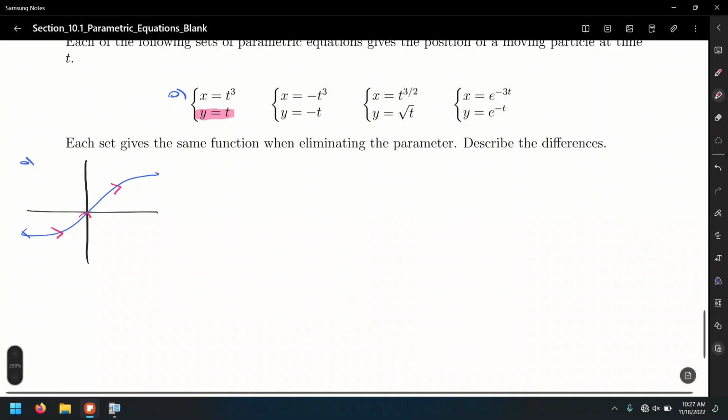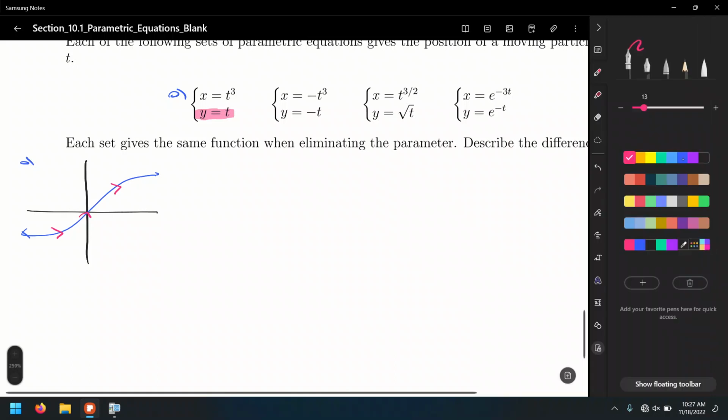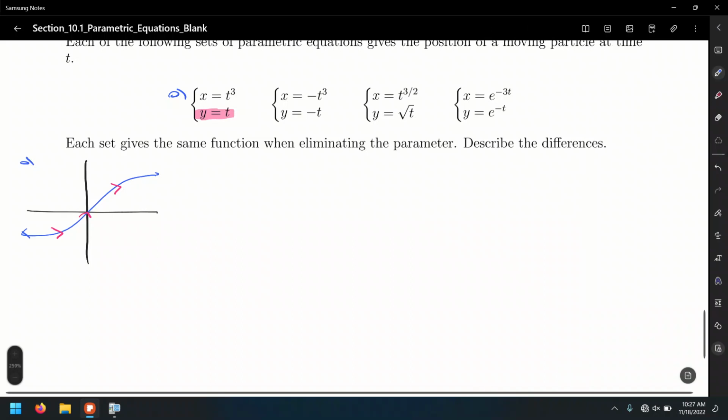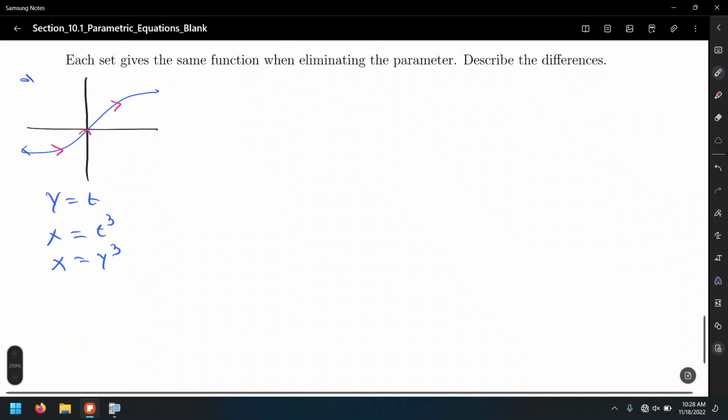We can just reverse the equation to say t equals y. So x equals t cubed becomes x equals y cubed, and to get y as a function of x, we take the cube root on both sides: y equals the cube root of x.